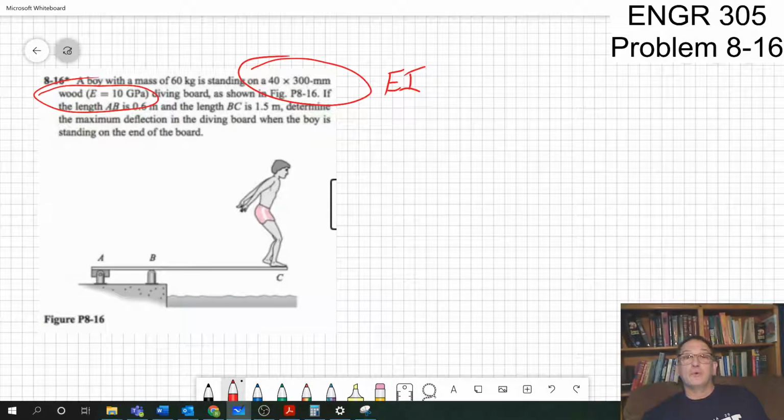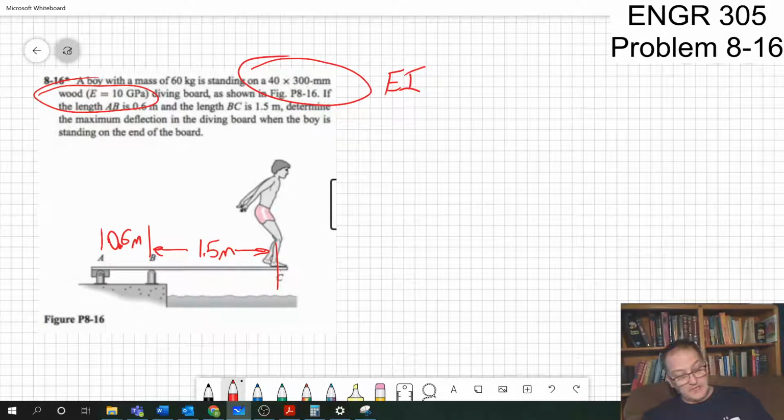The length of the board from A to B is 0.6 meters, and this distance is 1.5 meters. Determine the maximum deflection in the diving board when the boy is standing at the end of the board.